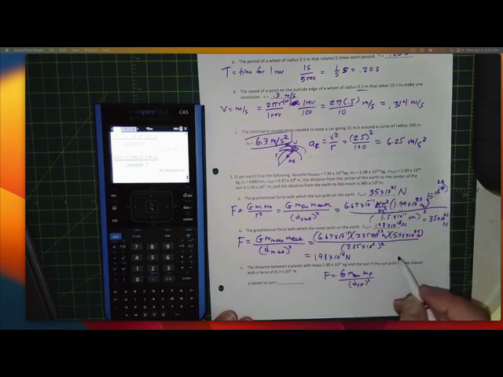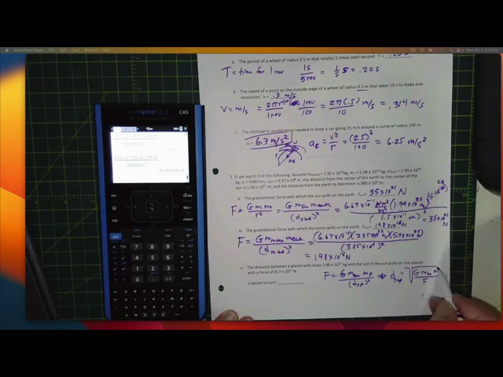But now we're looking for the distance. You could put in your numbers first or do the algebra first. We're going to do the algebra. So distance sun to planet is going to be, bring this to the top, divide through by the force, take the square root. So it's going to be G, mass of the sun, mass of the planet, divided by the force.